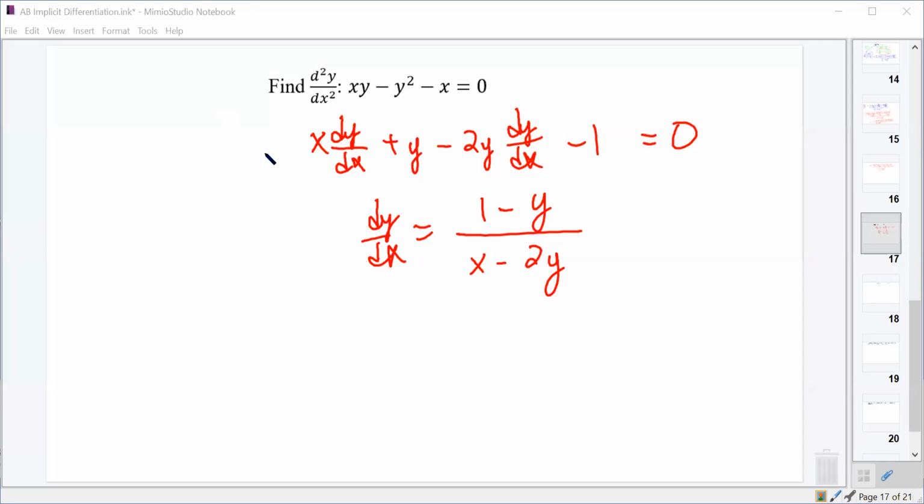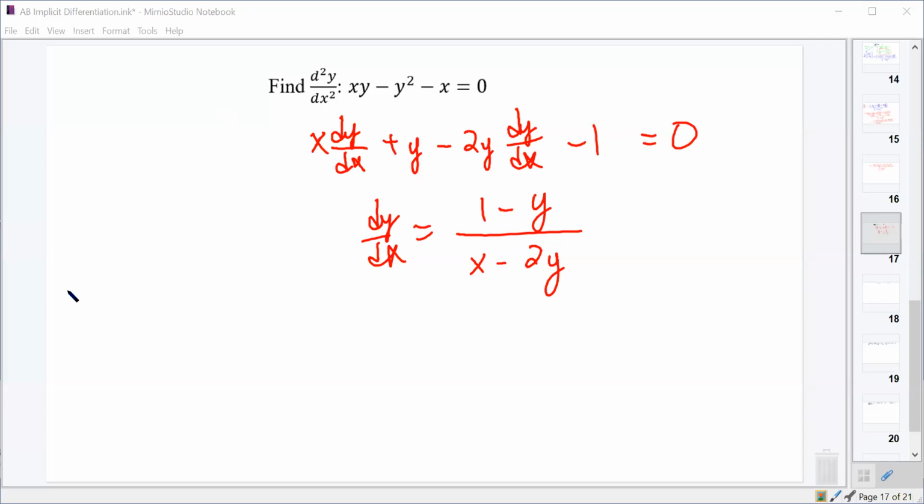Are we ready to finish this one up? Yeah. All right. Our second derivative, since this is a quotient of two functions, we'll have to use the quotient rule.